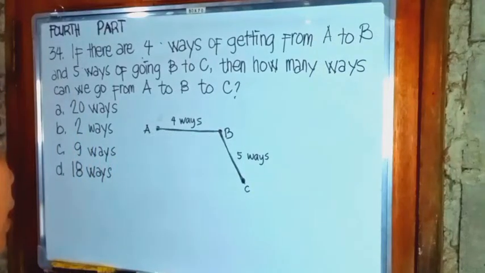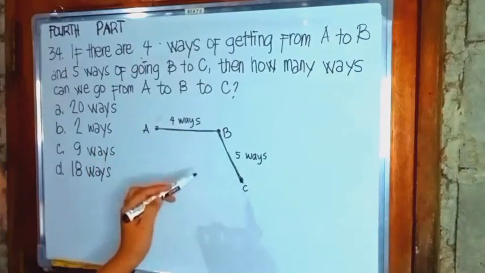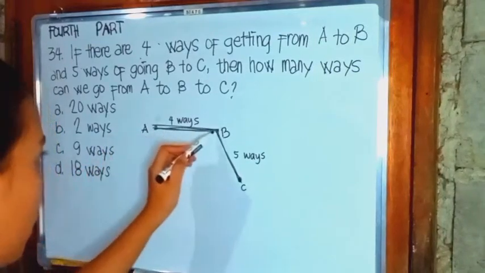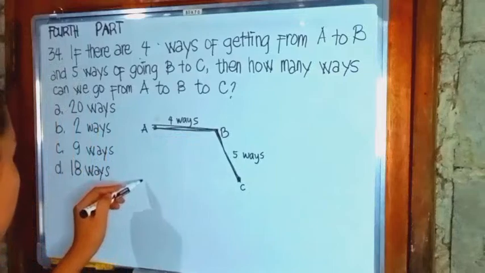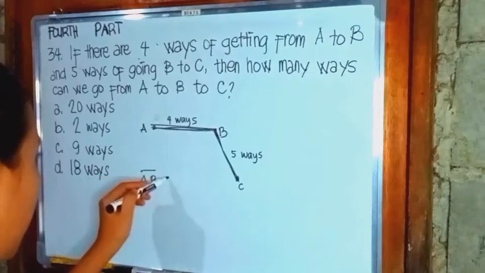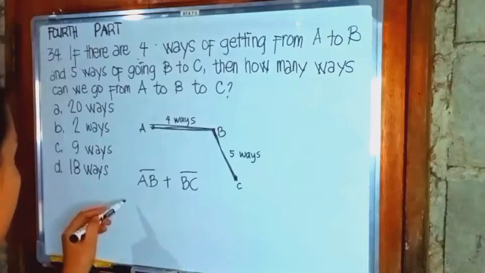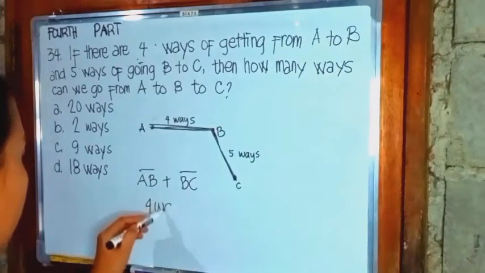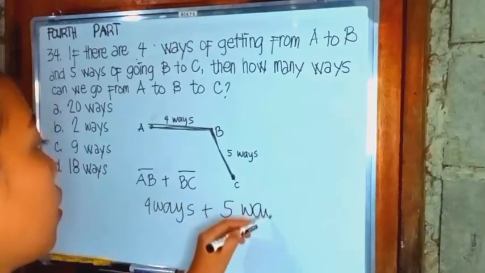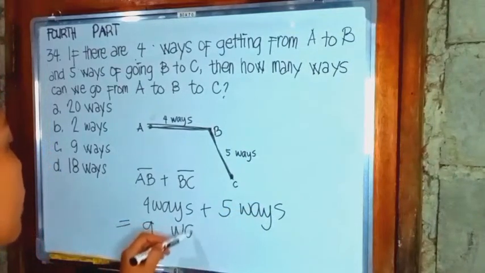So in order to find the ways from A to B to C, all we need to do is to add the ways from A to B and the ways from B to C. So 4 ways plus 5 ways is equal to 4 plus 5, that is 9 ways.